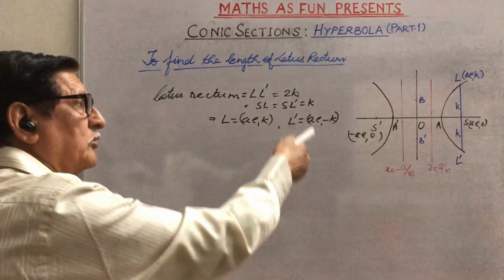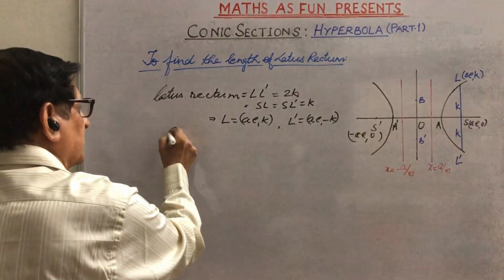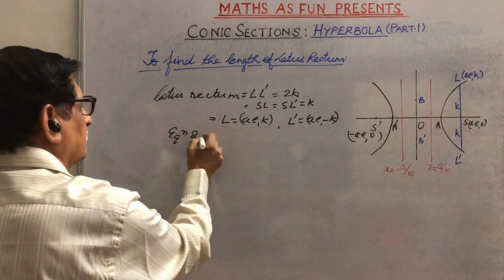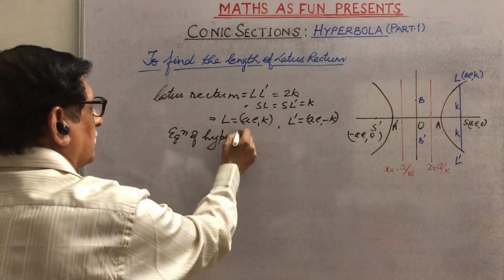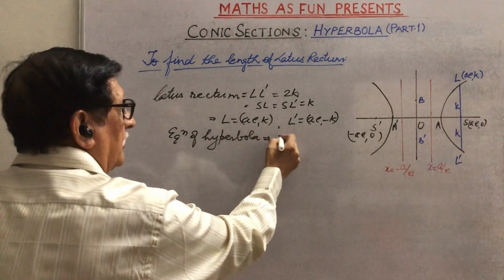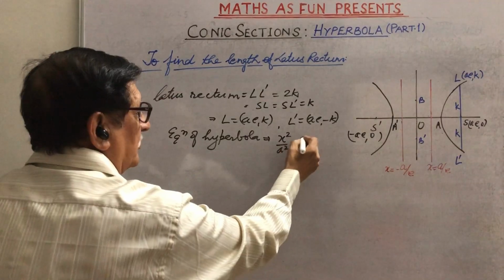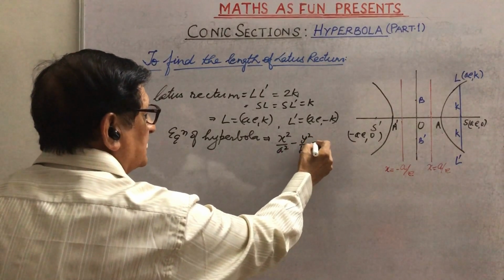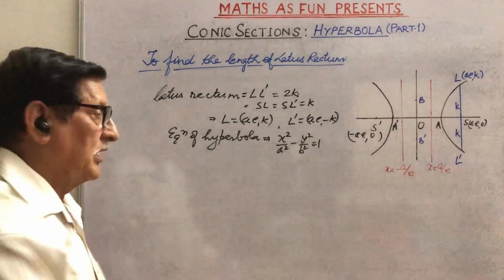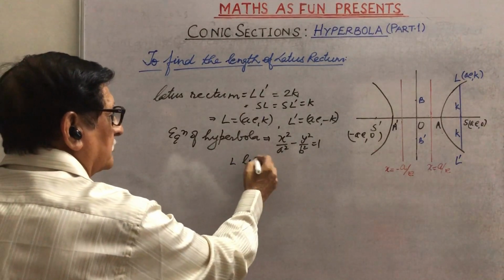Both the points are lying on the hyperbola and we know the equation of the hyperbola is x square upon a square minus y square upon b square is equal to 1. L lies on it.